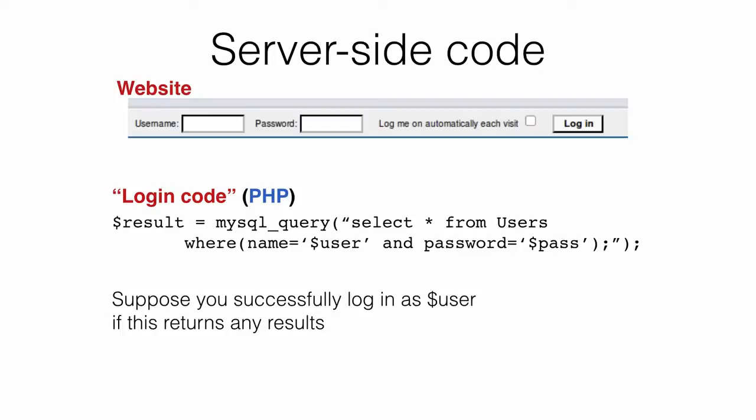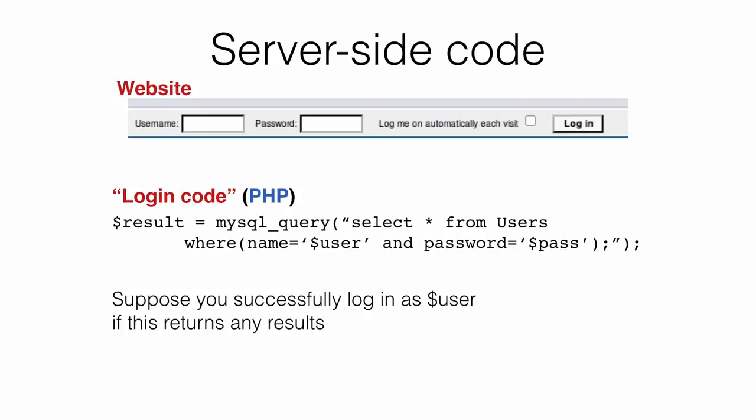Here on the slide, we see a website with a couple of fields, username, password, and a button. We can suppose that when the user clicks on the login button, they will have filled in the username and password fields, and these will have been included in arguments to the URL that was sent along with the HTTP post request.